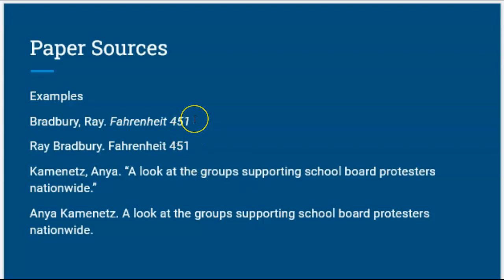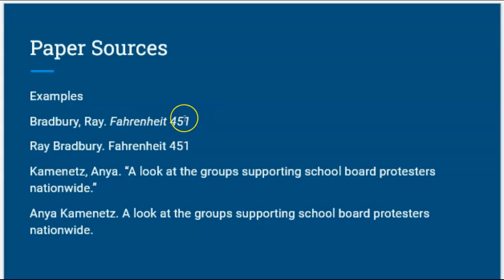You'll see that this one is closer to the actual MLA style because we have last name, comma, first name, period for the author. That's the way that you should do it. And then we have the title of the book that is italicized, Fahrenheit 451. That's the way you're supposed to do it.